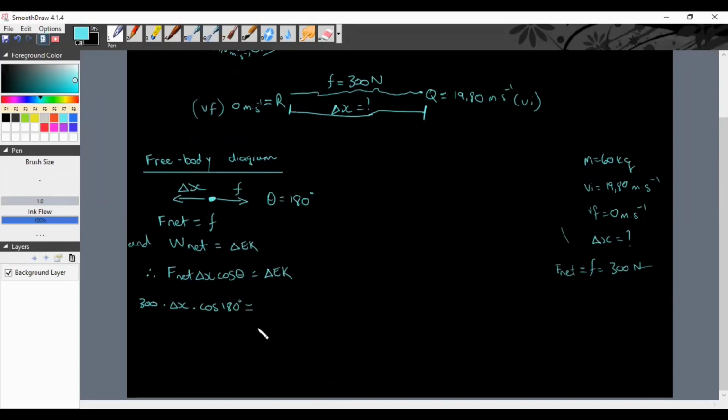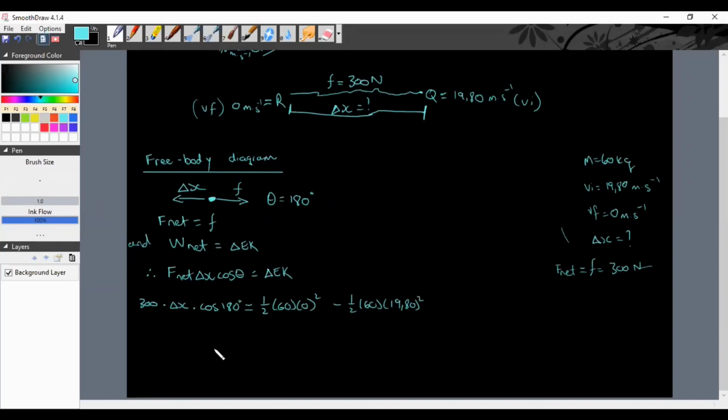Equals the change in EK, where the final is 0. So we have half of 60 times 0 squared minus half of 60 times 19.8 all squared.